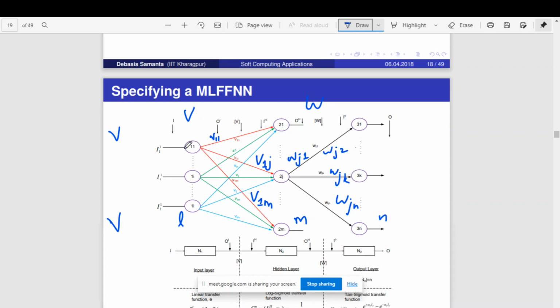It is connecting the input layer and the hidden layer. So its size should be what? What's the size of the input layer?